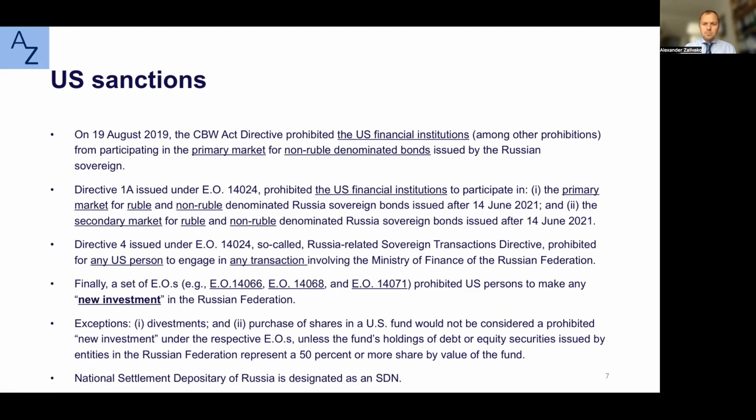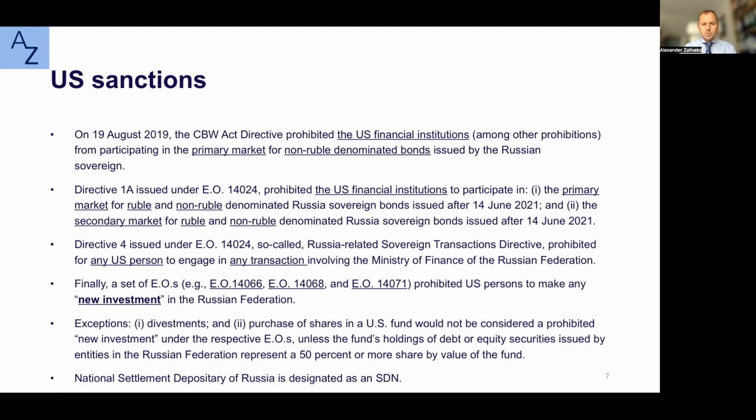And by doing so, certainly that was a sanction primarily aimed at such institutions and maybe the ability of the Russian Federation to access, in the course of primary issuance, the relevant investors in the United States. Nevertheless, one can say that it was certainly of limited application and adversely affected both the financial institutions acting in this area as well as the issuer.